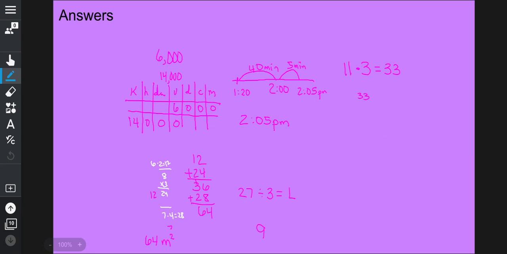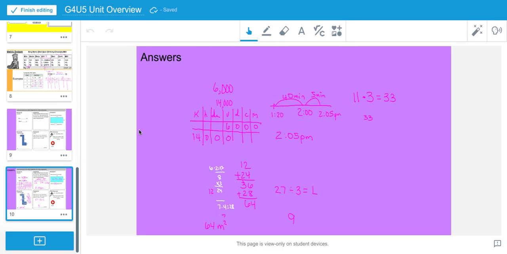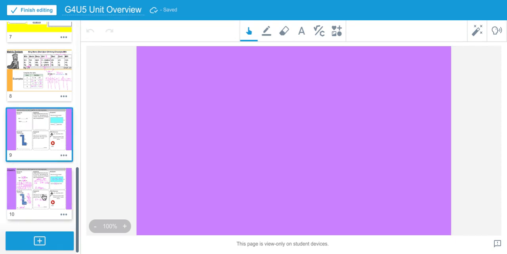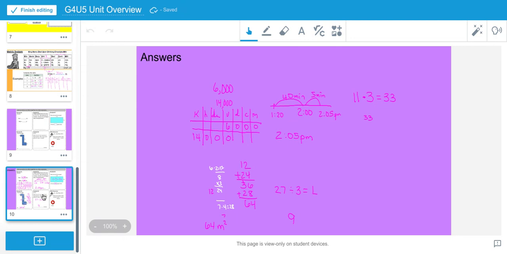I am not sure why this one is not showing up with that picture. Sorry about that. Let's see if I hit my edit button, if it will show up. Interesting. The picture is on my slide, but it is not showing up over on the side there.